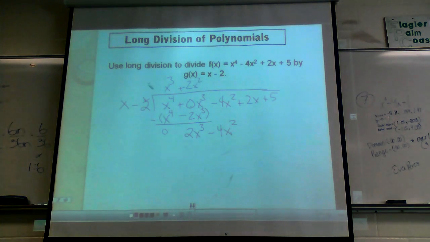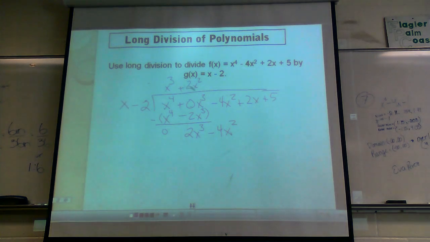So that 2x squared gets distributed to this whole x minus 2 part. I get 2x squared times x, 2x cubed. 2x squared times a negative 2 is a negative 4x squared. So again, if I subtract that entire thing, that's a 0, also 0.